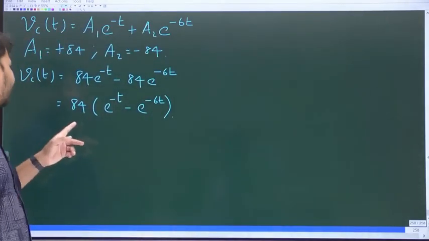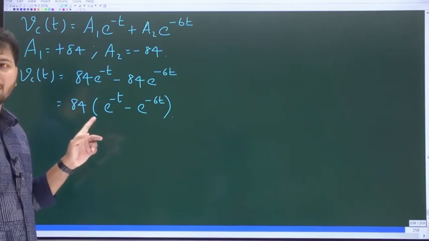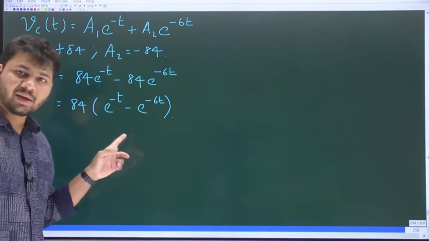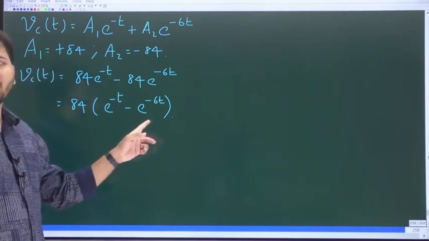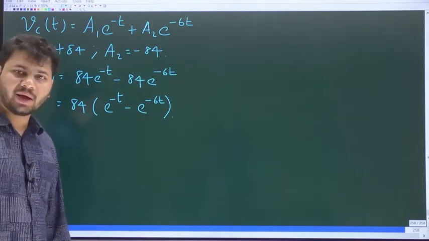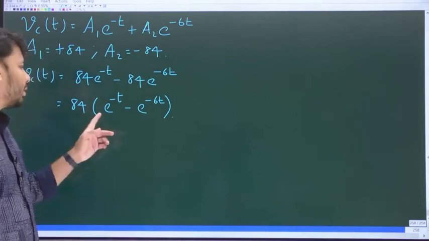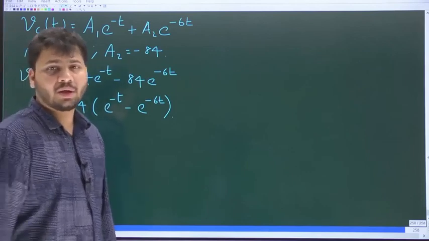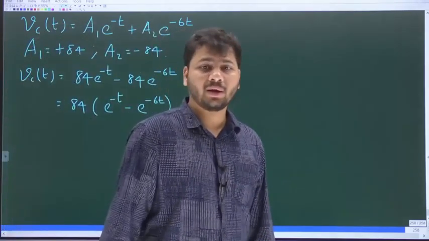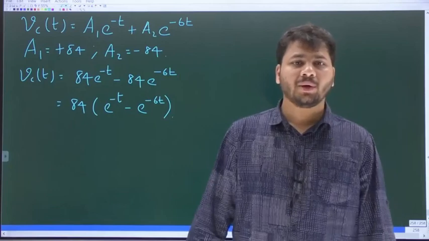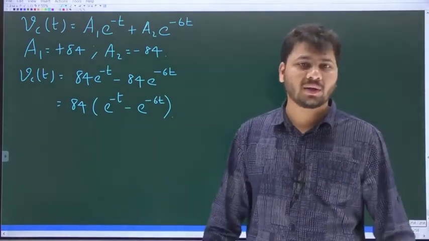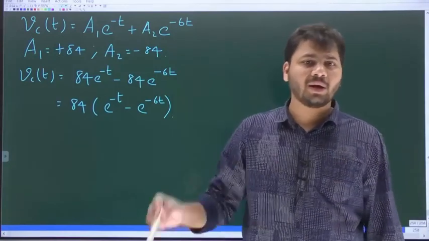Now here, if you look at the expression for Vc of t, e power minus t, is it not a decaying exponential? E power minus 60, that is also a decaying exponential. Now between e power minus t and e power minus 60, which one will decay faster?